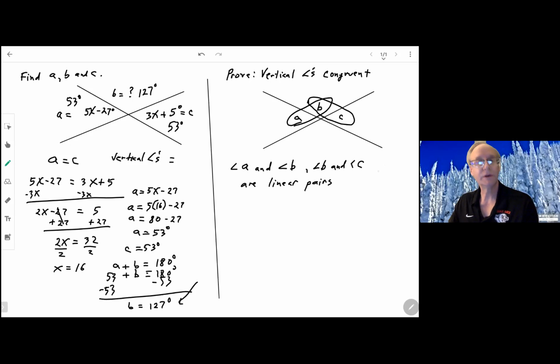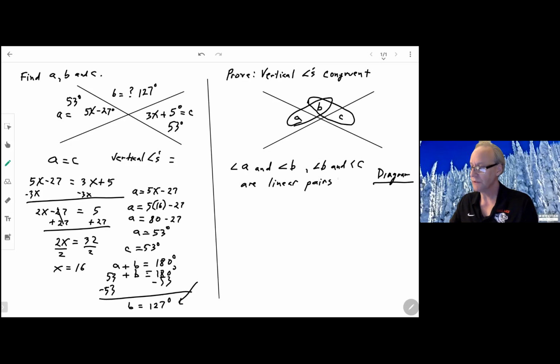And the reason we know that, we could say that it's given, but it's really by the diagram. It's the way in which we created the angles. We made them linear pairs. They're part of a line.